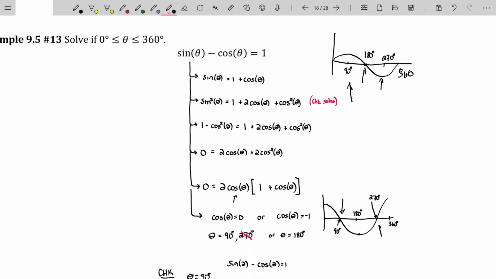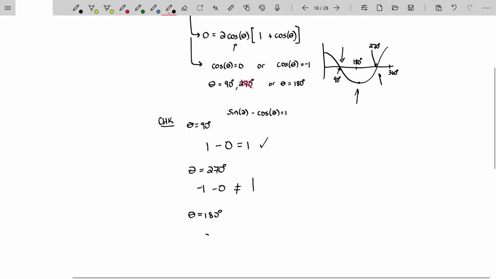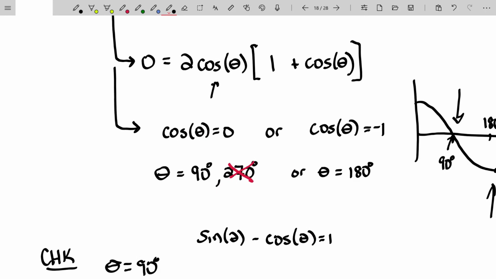Sine of 180 degrees is 0. Cosine of 180 degrees is -1. So 0 minus a -1. That's 1. That works out. So 90 and 180 are our only solutions. I'll box them up. 90 and 180.